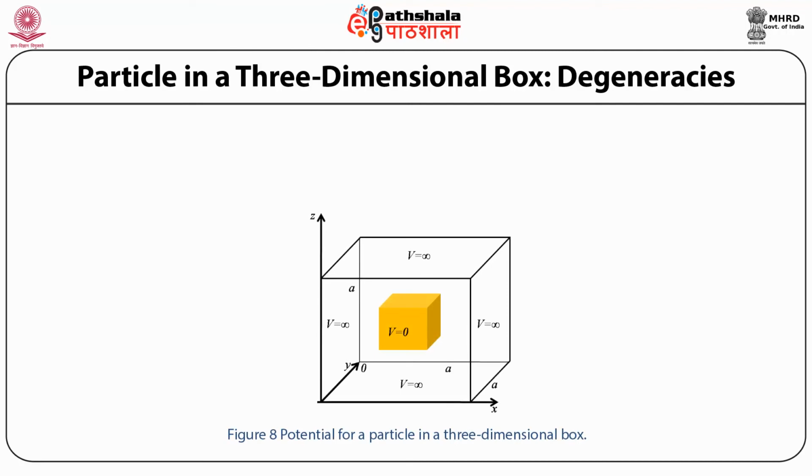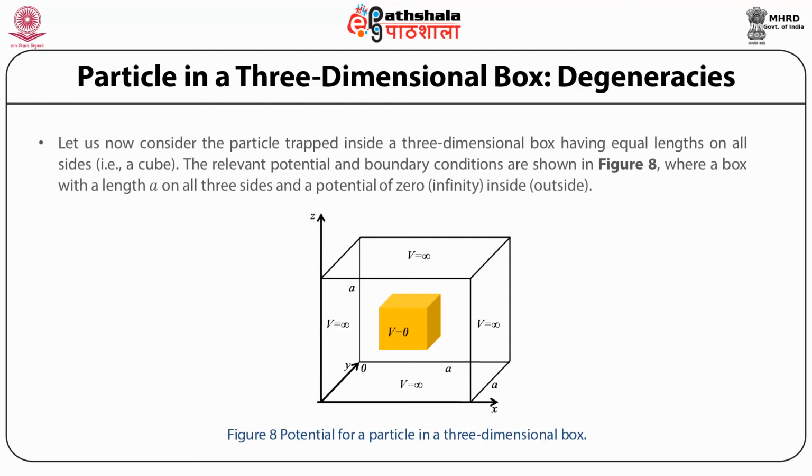Particle in a three-dimensional box. So here also there are degeneracies. Let us now consider the particle trapped inside a three-dimensional box having equal lengths on all the sides, that is, a cube.